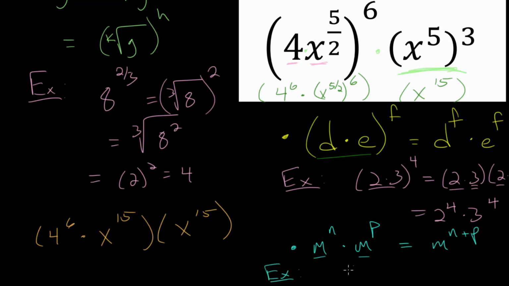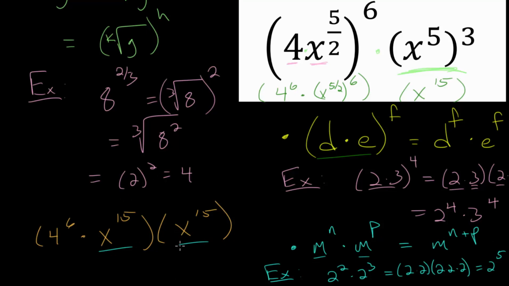If we look at an example, let's say we have 2 squared multiplied by 2 cubed. You can think 2 squared, that's just 2 times 2. 2 cubed is really just 2 times 2 times 2. And notice that you have 5 2's multiplied together, which is 2 to the 5th. But if we just applied the rule, 2 plus 3 would give us 5. So we have the same base here, and that means we can just add the exponents.